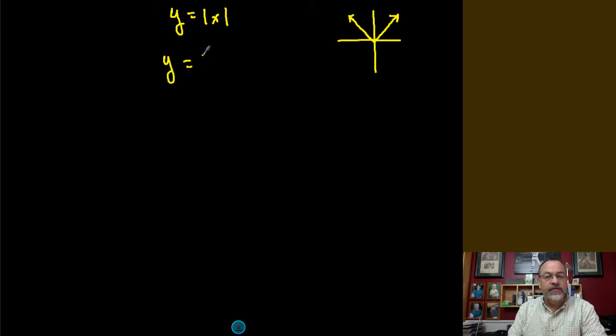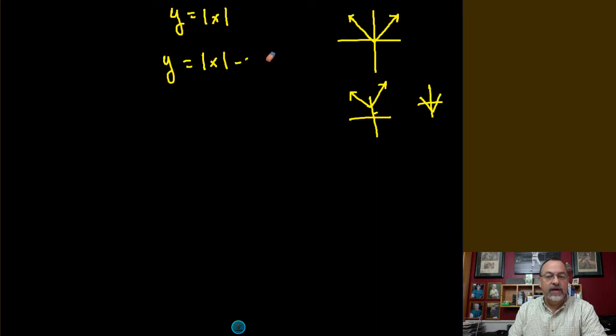In other words, if we added a value outside here, say let's add 2, we remember that moved the vertex up 2. Or if I did a -2, that moved it down 2. So this number outside, whatever it was, moved it up or down.